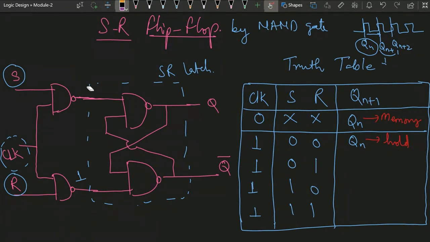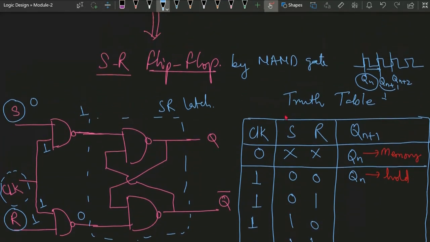The next one is if S and R is 0 and 1. Clock is 1 always. Here it is 1 and 0.